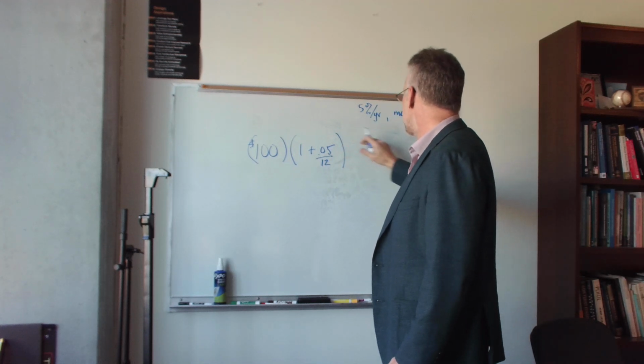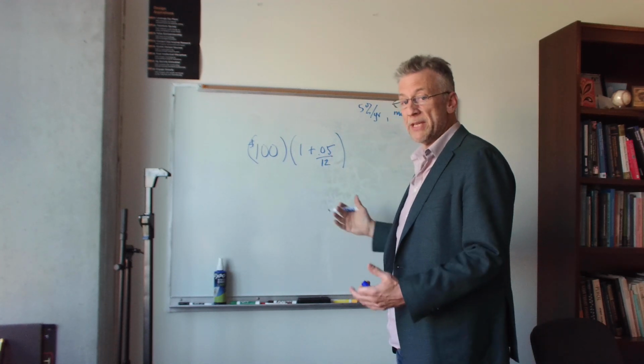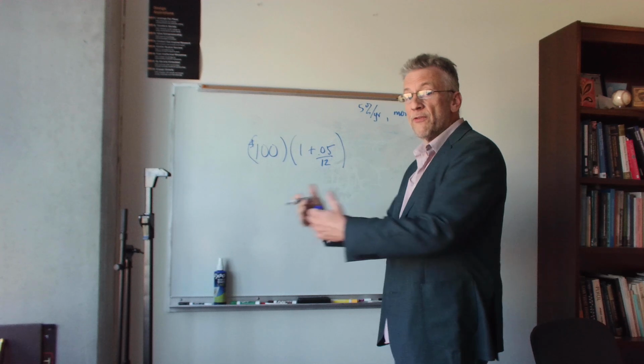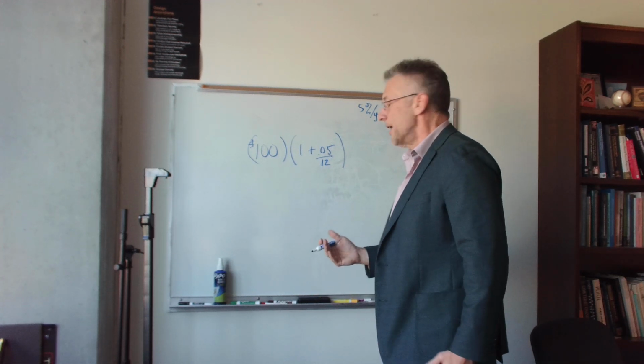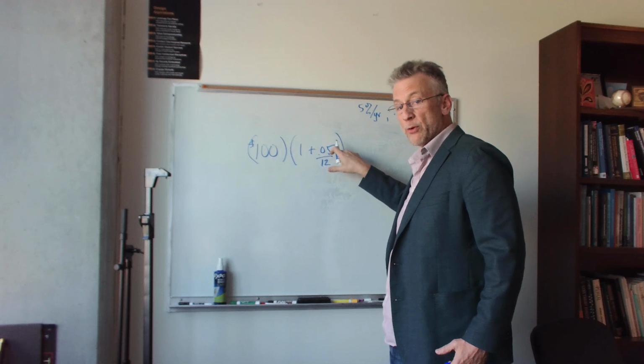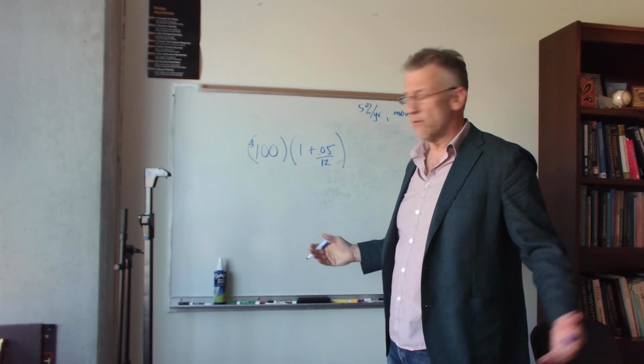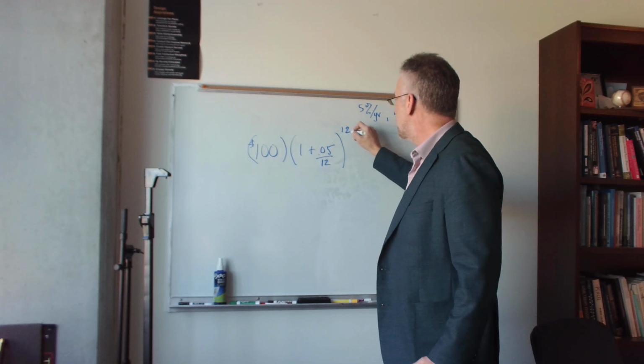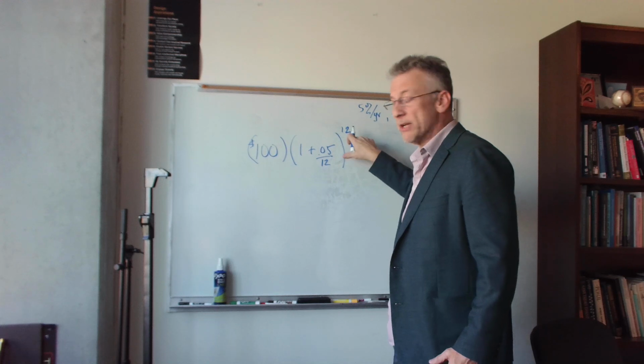So in this case, if the difference between P and F, that is the future date that we're computing for, is a year ahead, that's 12 months. I've divided 5% per year by 12 to convert it to 5% per month. And there are 12 compounding periods.